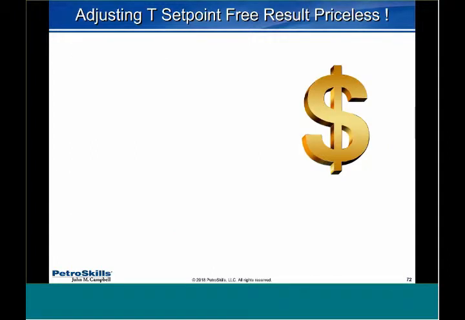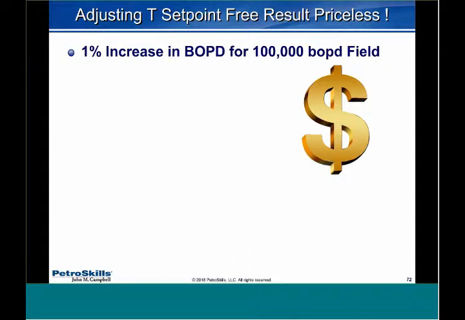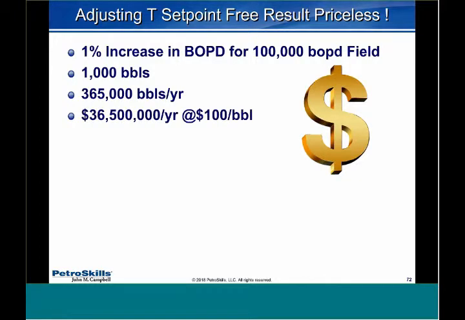So if you could get a 1% increase in oil for a 100,000 barrel a day field, and you're adjusting your heater treater pressures and temperatures so that you're not boiling up too much, or that you have the vapor pressure right, that's 1,000 barrels a day, 365,000 barrels a year.